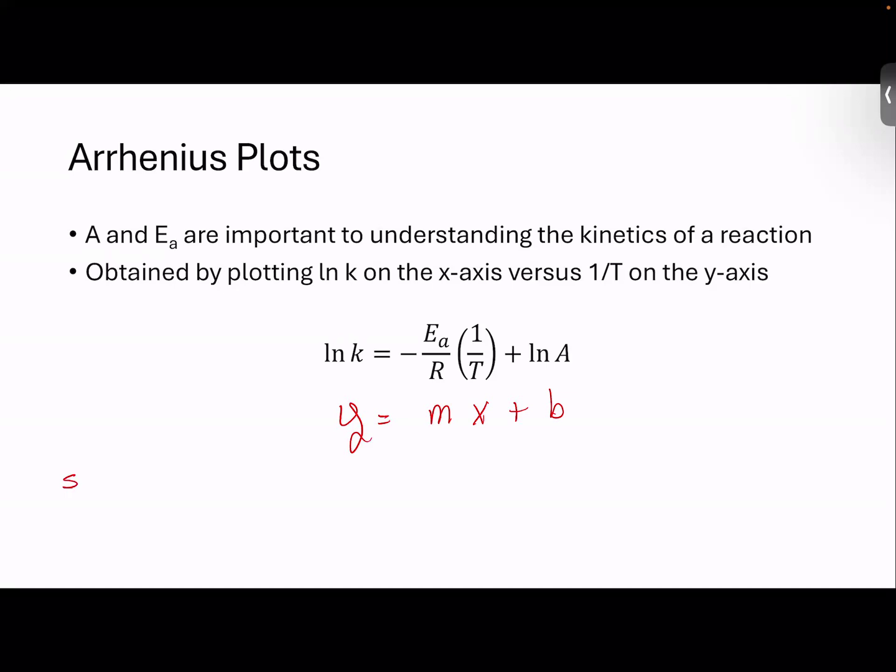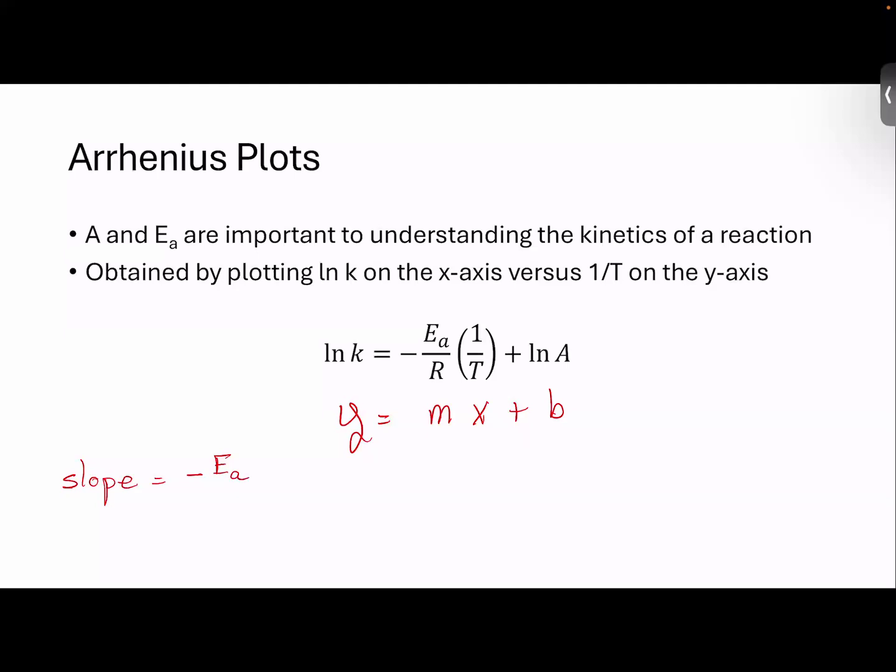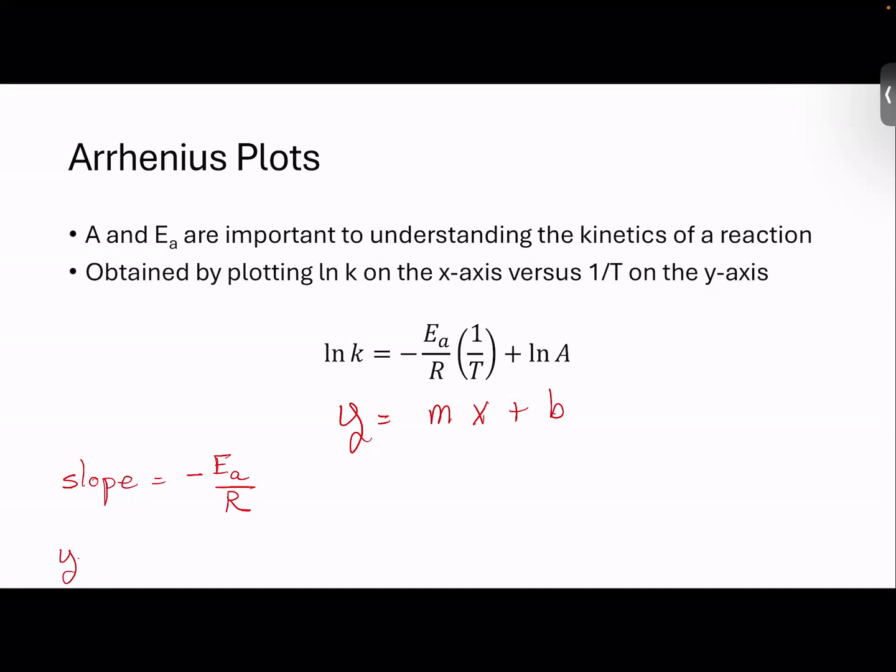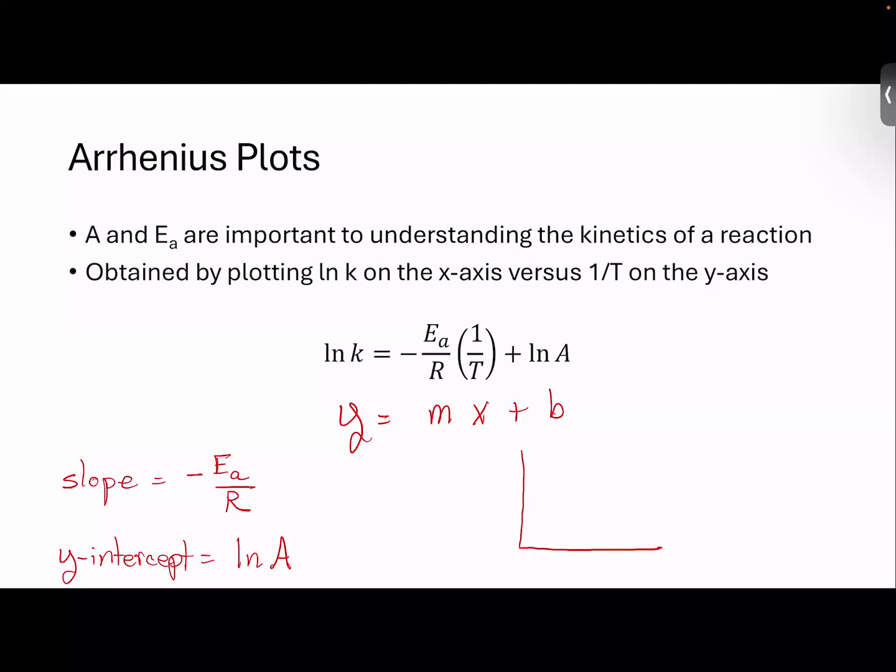So our slope here is going to equal a negative E sub A over R. And our y-intercept on the graph is going to equal the natural log of the frequency factor. And we obtain these pieces of information by plotting the natural log of the rate constant as a function of 1 over the temperature.